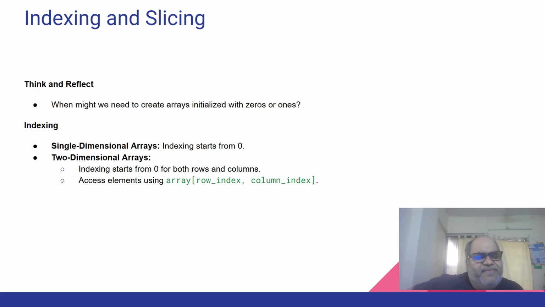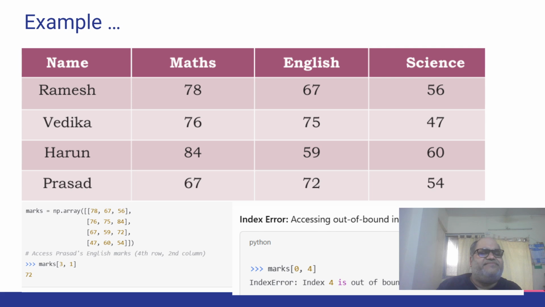And for a two-dimensional one, to access an element we need a row index and also a column index. So row by column. Let us take an example. We have taken this example from your textbook, where we are talking about 4 students and their marks in 3 subjects: math, English, and science.